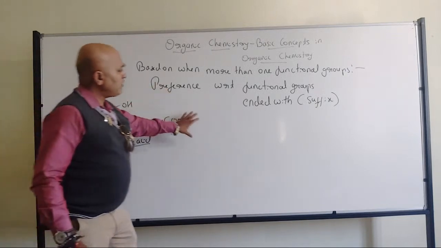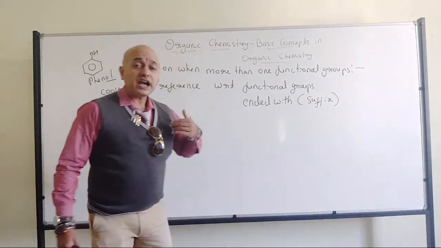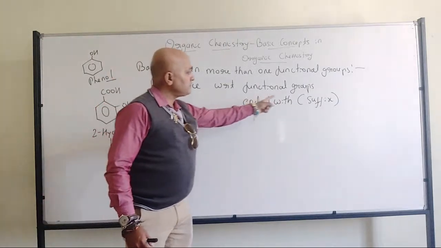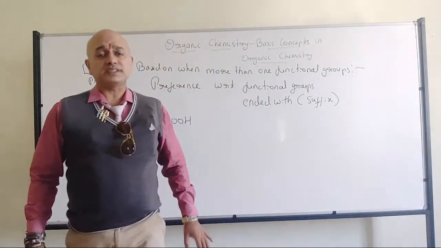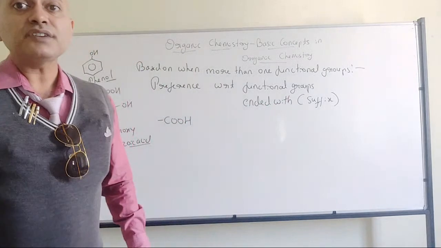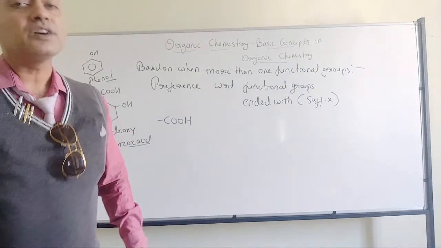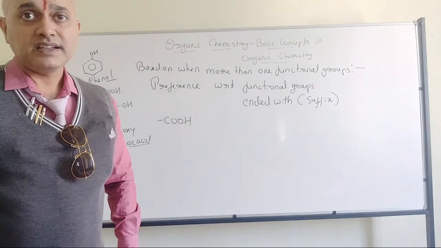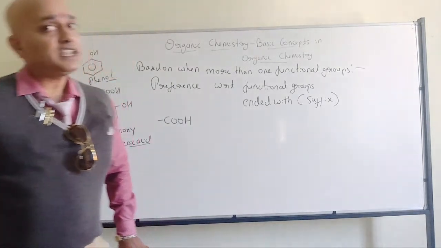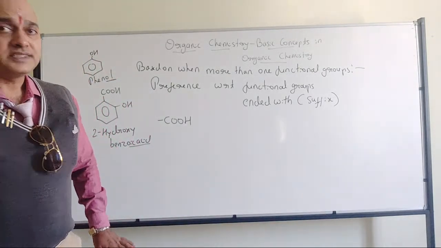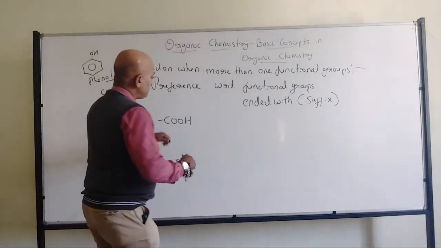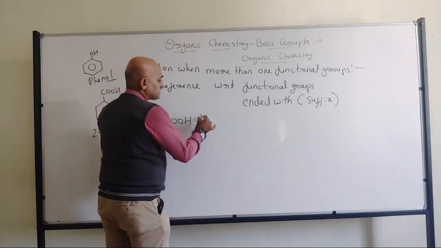All of these functional groups, which I am going to mention now, will be used as a suffix. The name of the molecule will end based on those functional groups. If you have any doubts, you should ask. So first preference will be given to carboxylic acid.